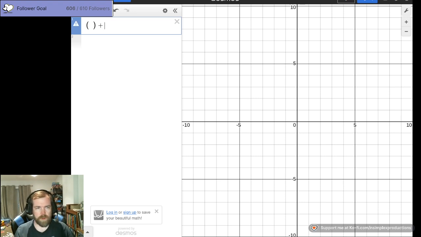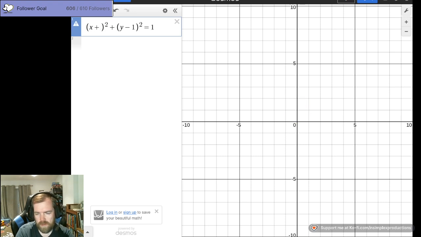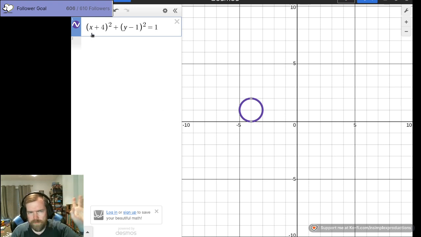I put a few mock-ups and just said, okay, if we do just a few things like this, like y minus 1 and x plus 4. Right, so it'll go out to the edge and hit 5 here. Right, negative 5, 1. And then also on the other side, positive 5, 1. So I want this to be symmetric, make it easier, all that good stuff.